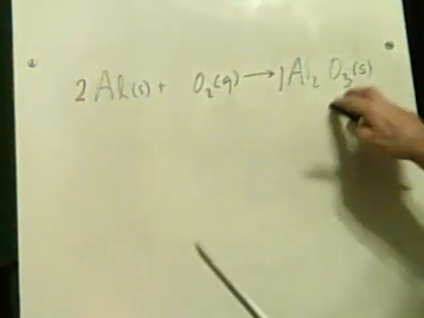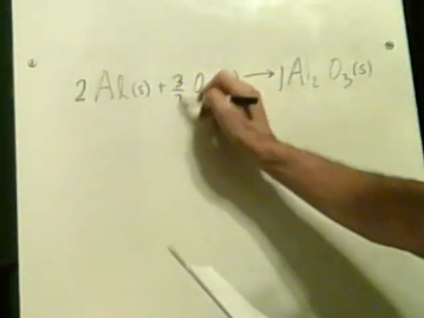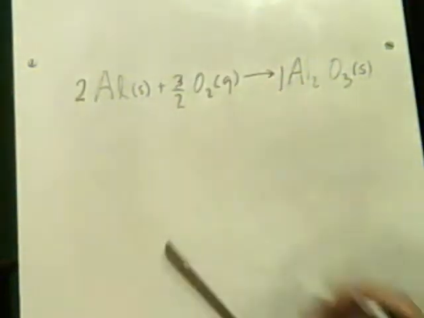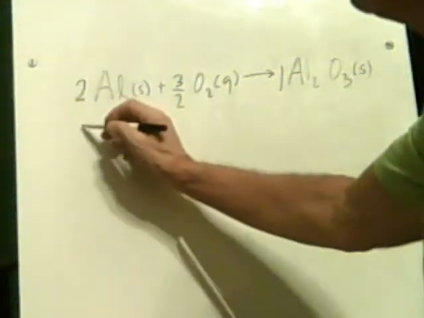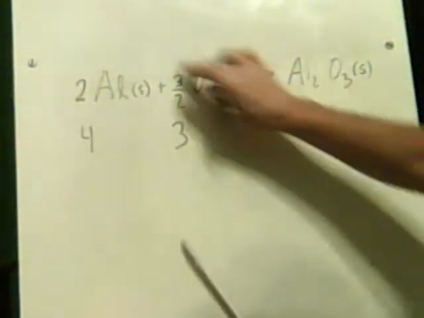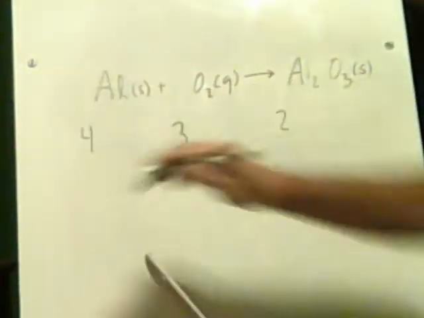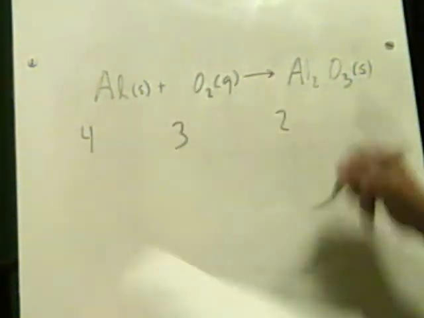Okay, now on this side, there are 3 oxygens. I need 3 oxygens, so I have to multiply this by 3/2. So there's no way around using a fraction for this one. But remember, now we're just going to multiply by 2. That becomes 4, that becomes 3, that becomes 2. This is the balanced equation. You have 4 aluminums on each side. You've got 6 oxygens on each side. Balanced.